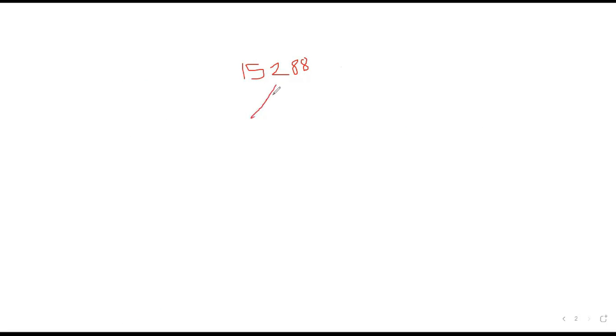Now, basically, I'm going to draw my branches this way. So I'm going to divide by 13. So I have 13 multiplied by 1,176. Boom! This will give me 15,288. And then I have 13 as a prime factor.